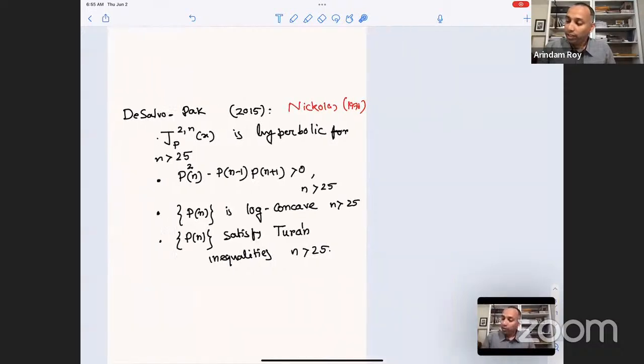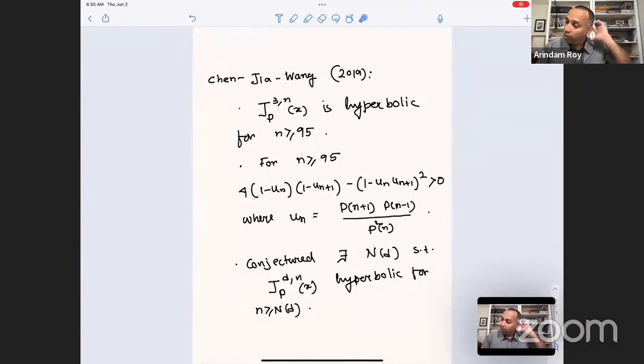Now let's see what the next improvement is. In 2019, Chen, Jia, and Wang proved that if you take the degree 3 Jensen polynomial for partitions, then it is hyperbolic for all n bigger than 95. That is also a step towards proving hyperbolicity for the Jensen polynomial for the partition function.